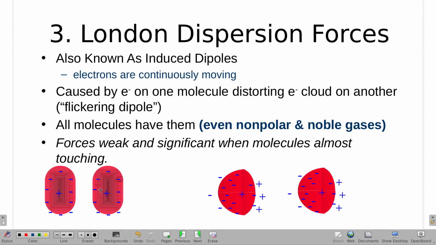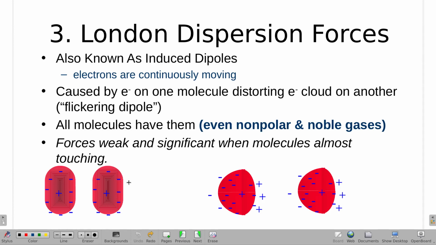And if that's the case, this side of the molecule is slightly more negative for that moment than this side. Now, that does create a dipole, or a polar part of the molecule. But it's temporary. And in just a second, it'll go away, and we have a different positive and negative somewhere else in the molecule.